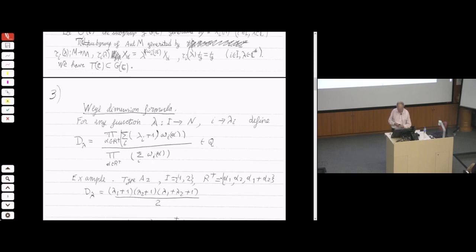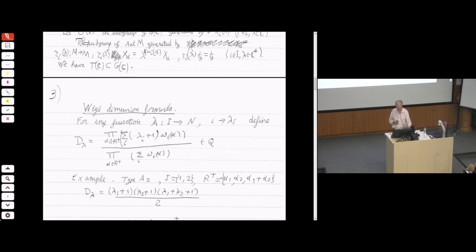So for example, in type A2, which means a graph with two vertices joined, d lambda is a product of three factors like this divided by 2. In this case you can see that it's an integer, because if lambda 1 is odd, then the first factor will take care of the 2, and if lambda 2 is odd, the second factor will take care of the 2.